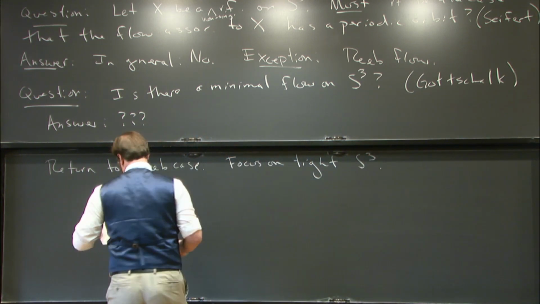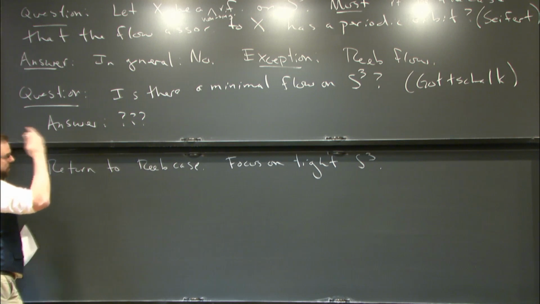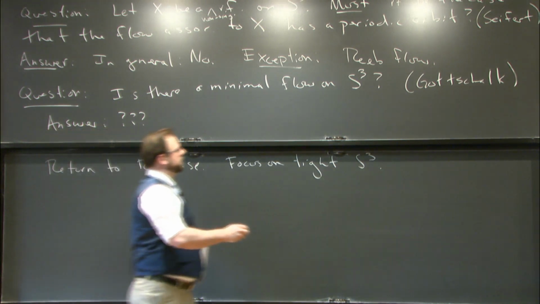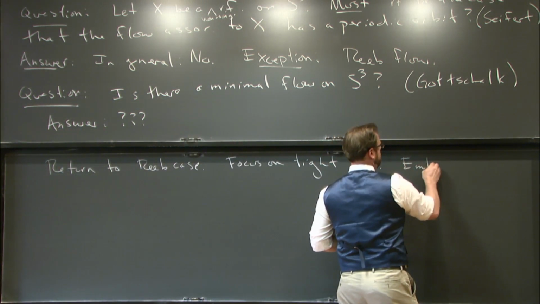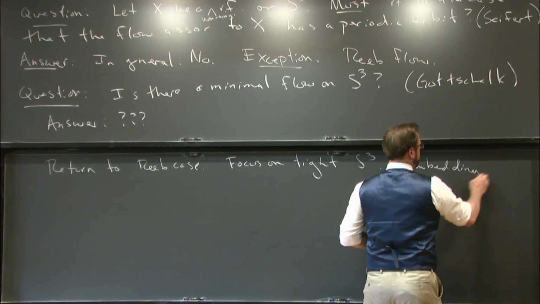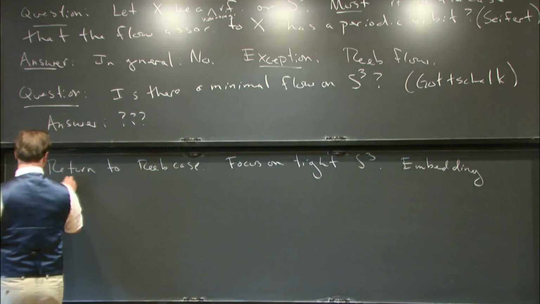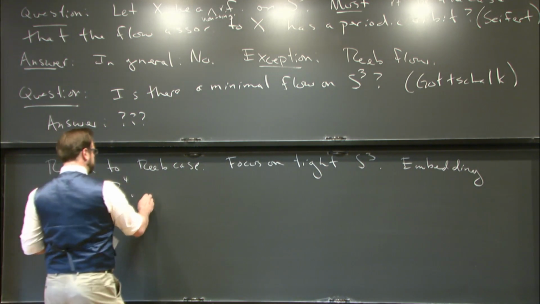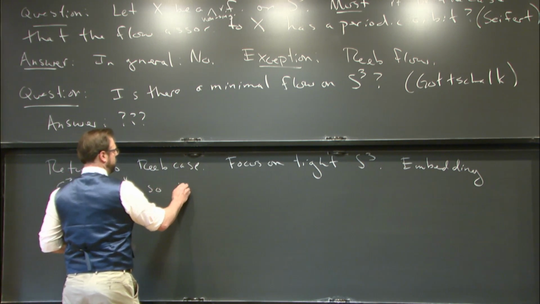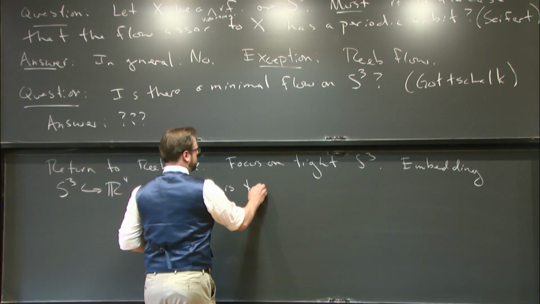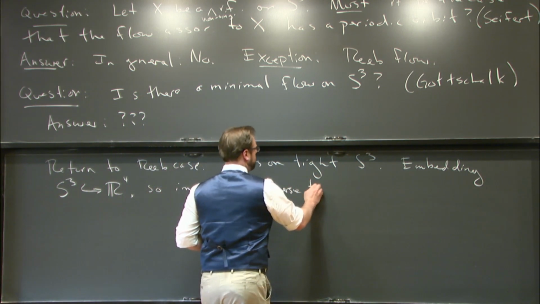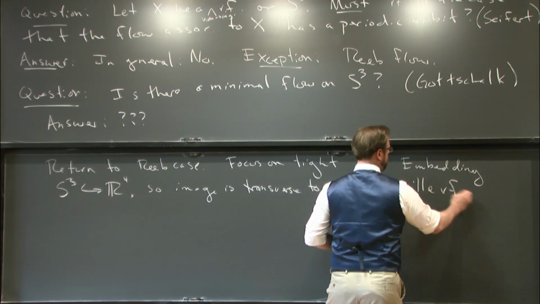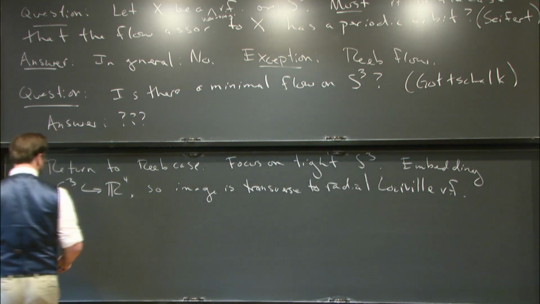In this case, the contact form on S3 can be induced from an embedding of S3 into R4, so that the image is transverse to the radial Liouville vector field. And that's how you get the corresponding contact form on S3.